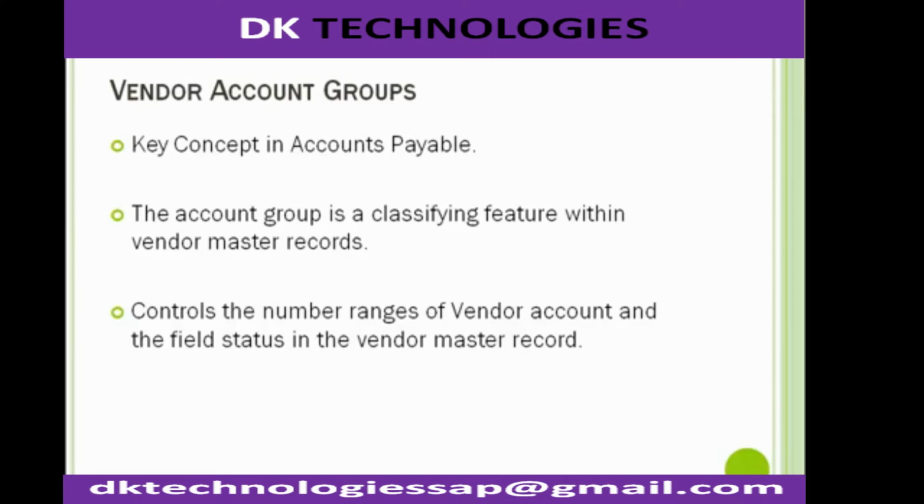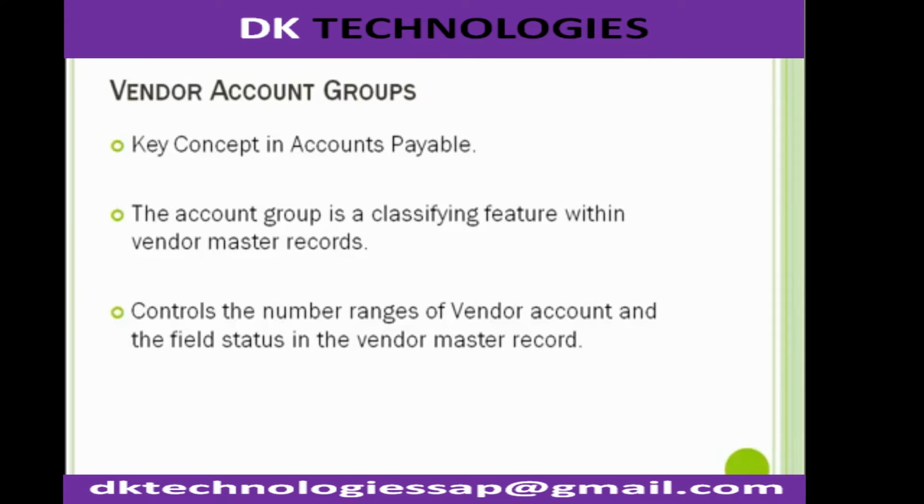The first step in the configuration of vendor master data is to create your vendor groups. Once you have gathered all your requirements and know what the groups should be, you are ready to go for the configurations. Now take a live example.